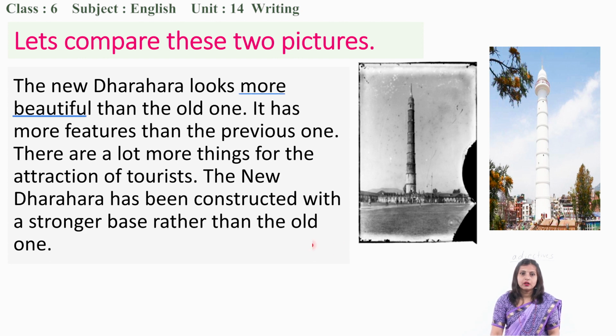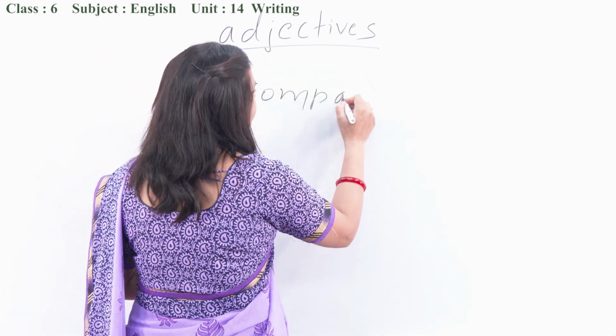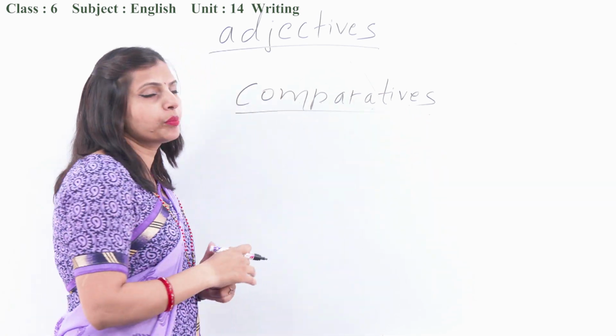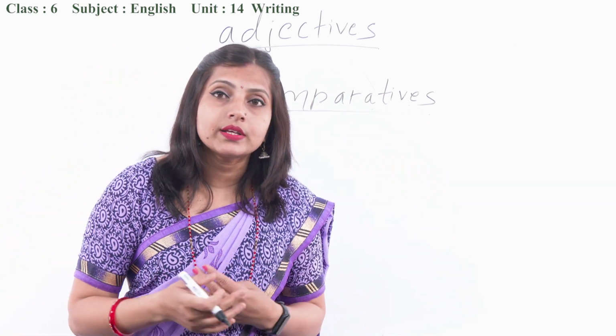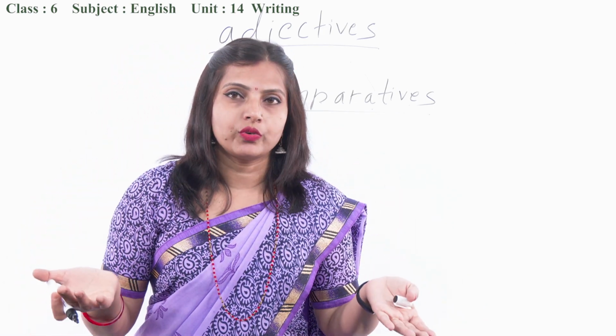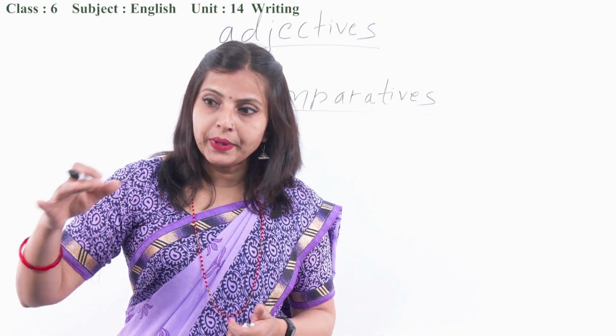You see, the new Dharara looks more beautiful. The old one looked beautiful. The newer one looks more beautiful. What are we using? See, more beautiful. Comparatives, okay? We are making a comparison, so we use comparatives. Beautiful, more beautiful. Big, bigger.